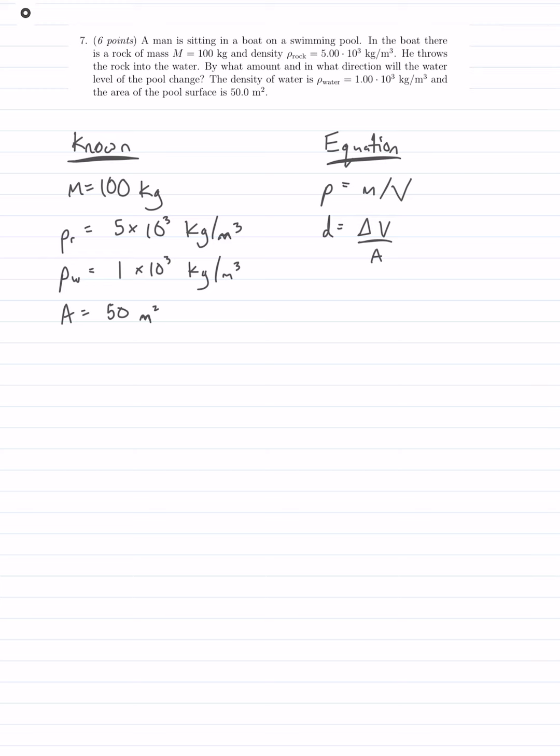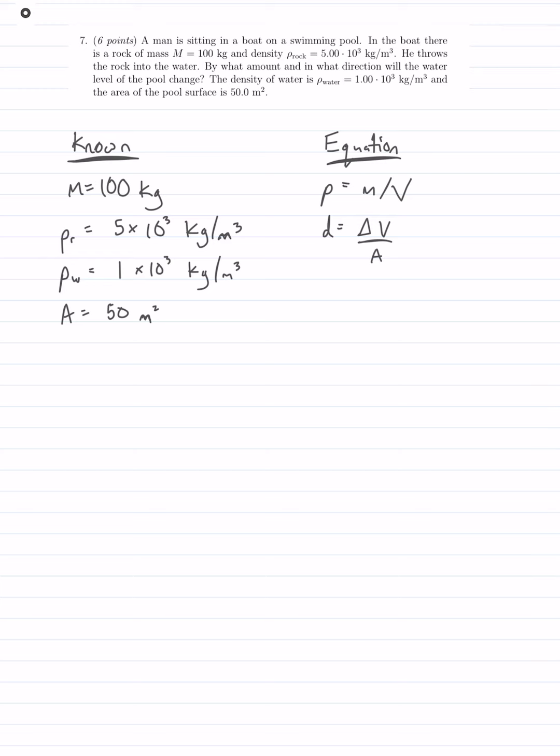So we have our known variables here, and we also have these equations. Now these equations are not in the formula sheet, but they're just something you should know. You should know that the density is equal to the mass divided by the volume, and that the displacement will be equal to change in volume over the area.